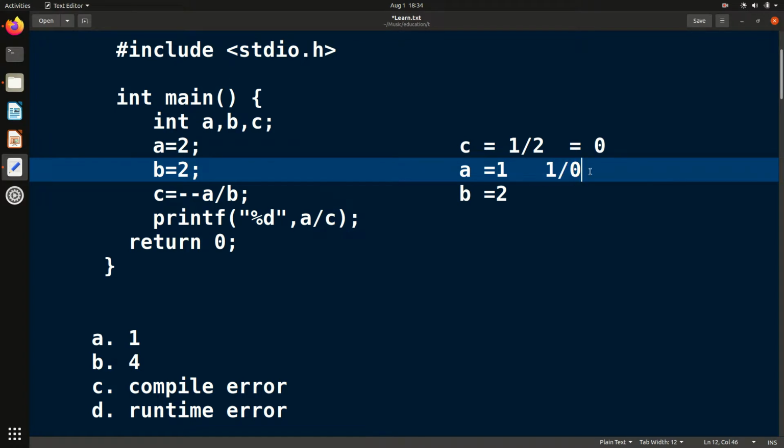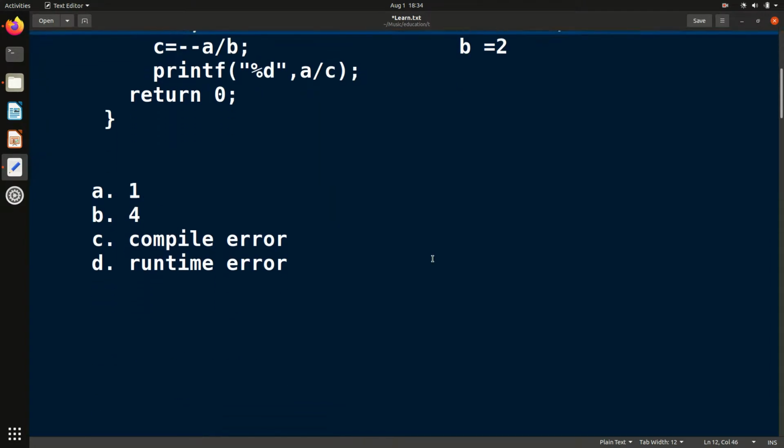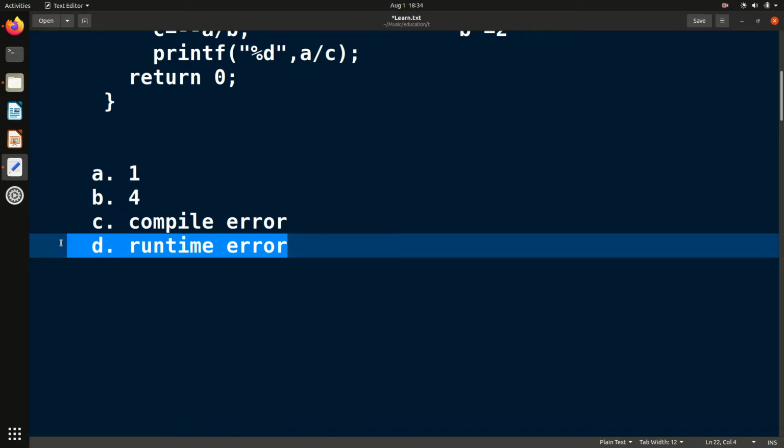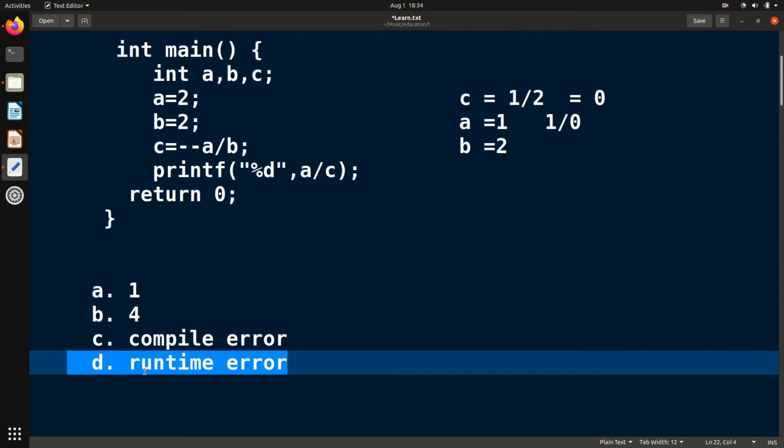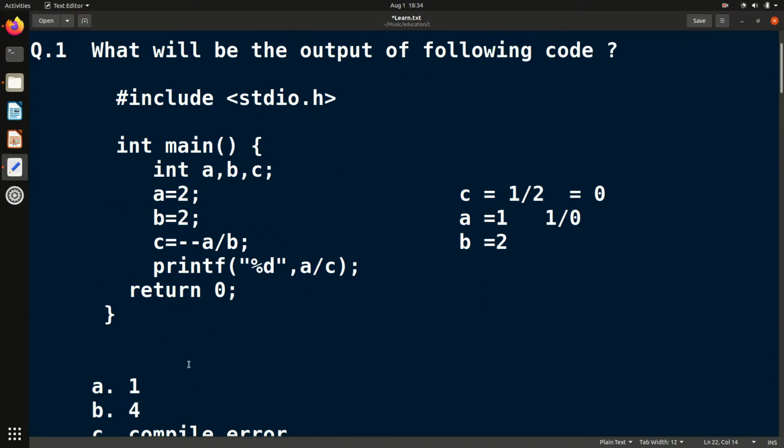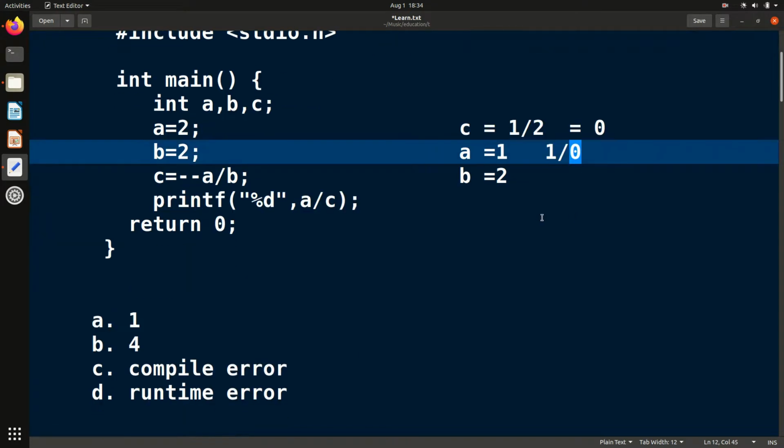In programming, whenever the denominator becomes 0, directly say runtime error. So in this case the solution will be runtime error. This is the key takeaway from this question: anywhere you get division by 0, that is, the denominator is 0, make it a runtime error.